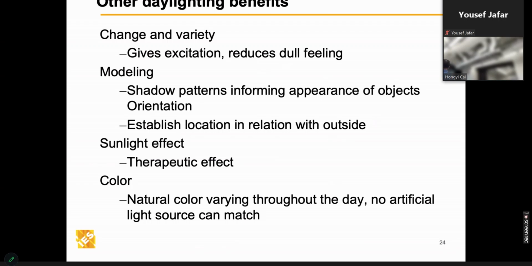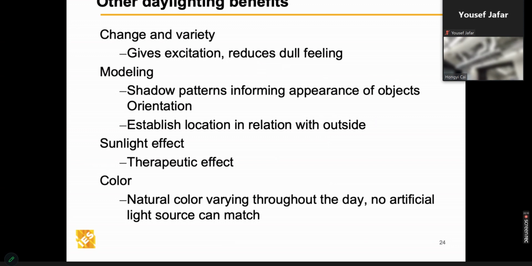You will have the opportunity to measure the angle when we talk about the solar position. But right now, just remember the sun moves over time, and the shadows of the sunlight inside your building space will also change over time, which is very much preferred by a lot of people.